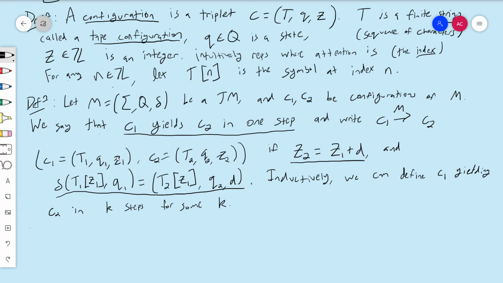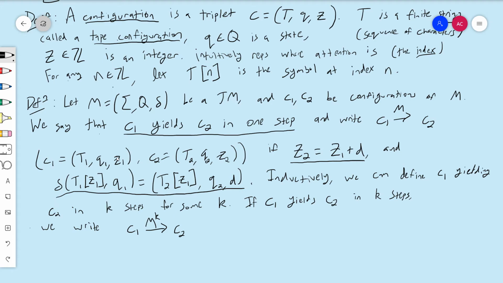So I'm not going to go through all of that, but basically now, if C1 yields C2 in k steps for some k, we're going to write C1 arrow C2, and we'll put an M here, but then we'll put a k as like the power to imply that the machine's yields relation is just being used.